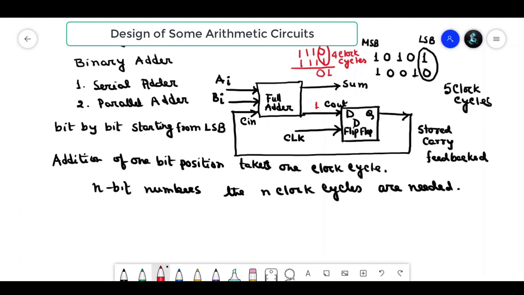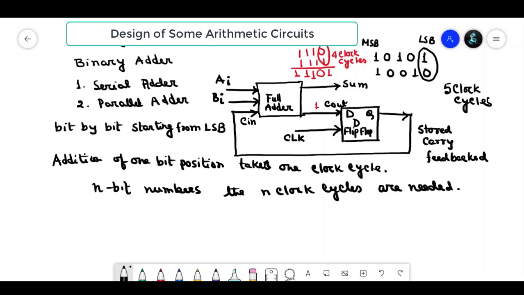This 1 will come to the input Cin, and when there is 1 1, this 1 will be added with this. So sum is 1, carry is 1. Okay. So again 1 1 1, that means sum is 1, carry is 1.